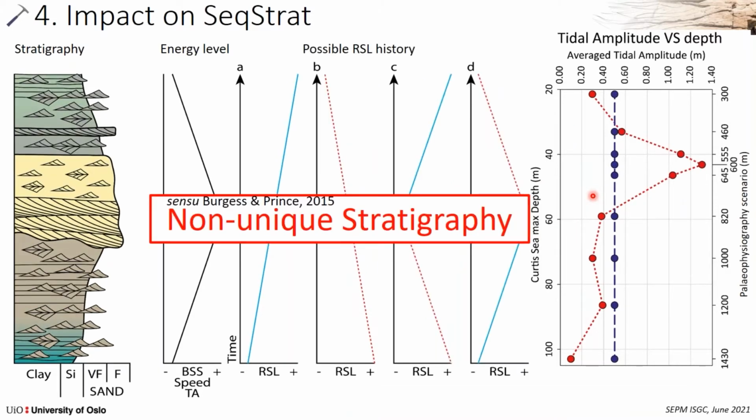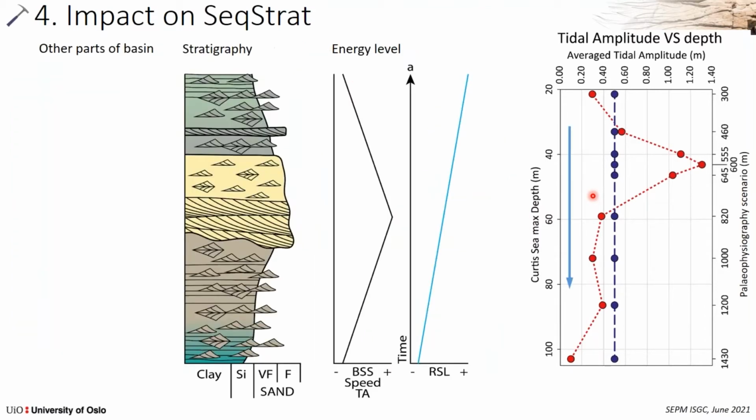So we have a non-unique stratigraphy, meaning that one specific succession could have been the product, at least theoretically, of several relative sea level curves, and this is for one area of the basin.